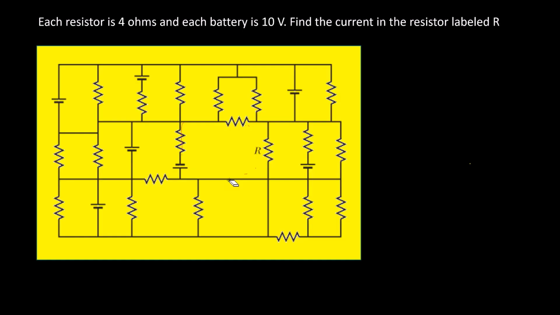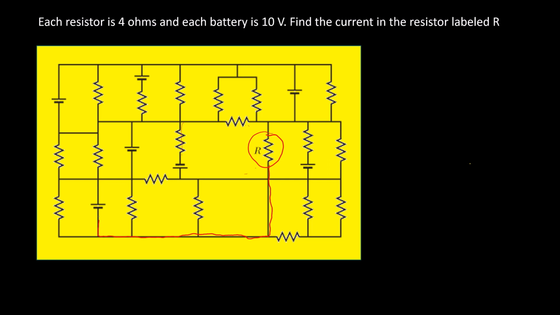You need to stare at this figure for a while in order to actually come up with a good idea. As I said, you need to make a circuit and apply the loop rule so that you don't have any other currents involved. So let's avoid all the other resistors. If I go this way, I avoid this resistor, and then I avoid this resistor.